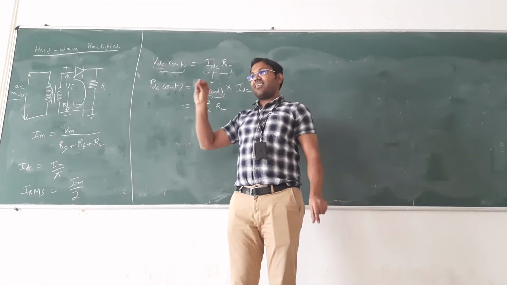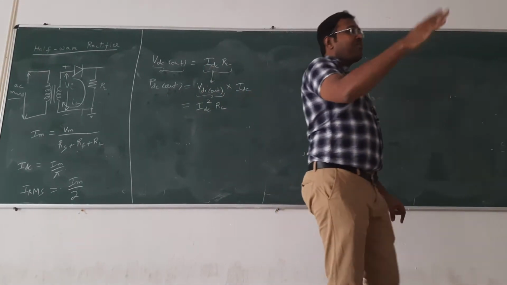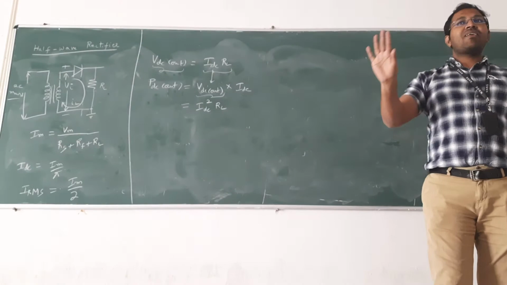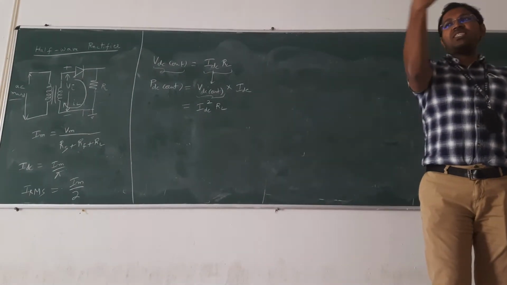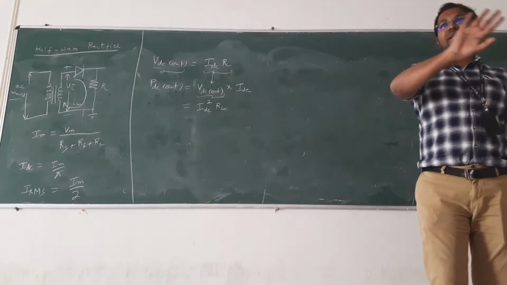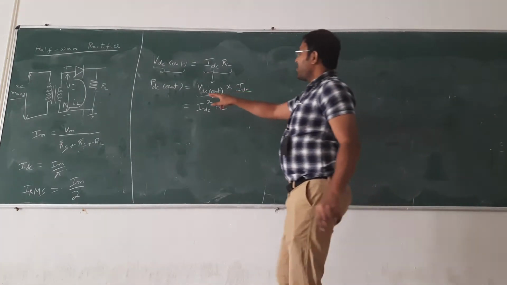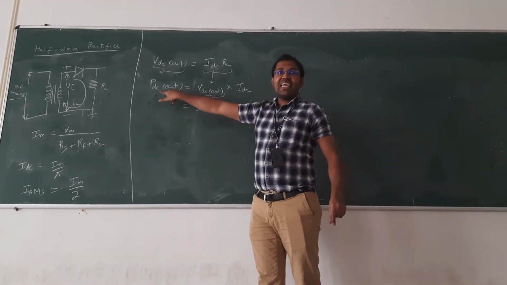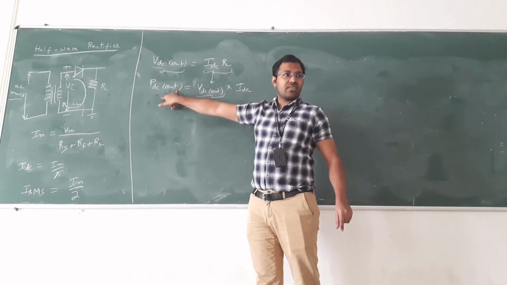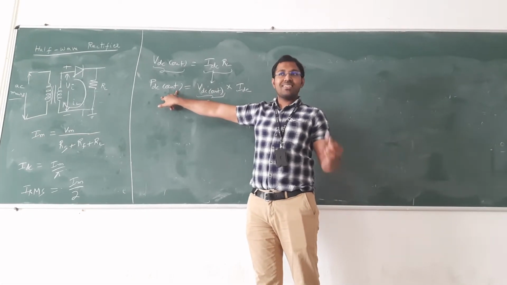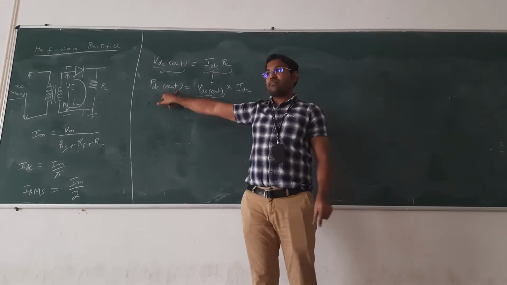Wherever you have power, it is simply the product of voltage into current. AC power will be AC voltage into AC current. DC power will be DC voltage into DC current. We are interested in finding the DC power, because that is the useful power.